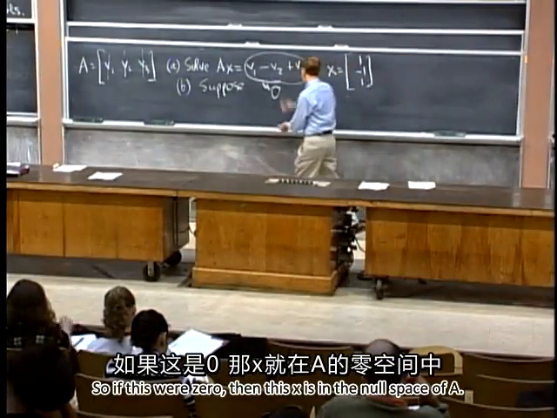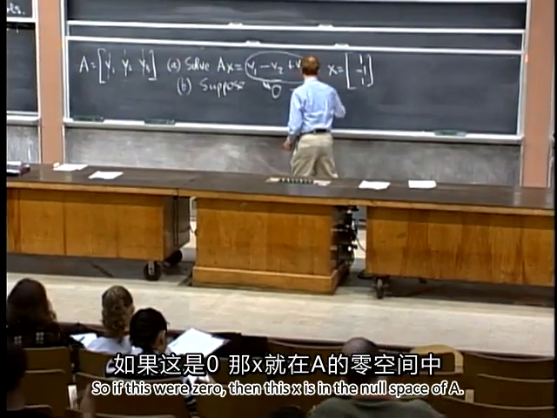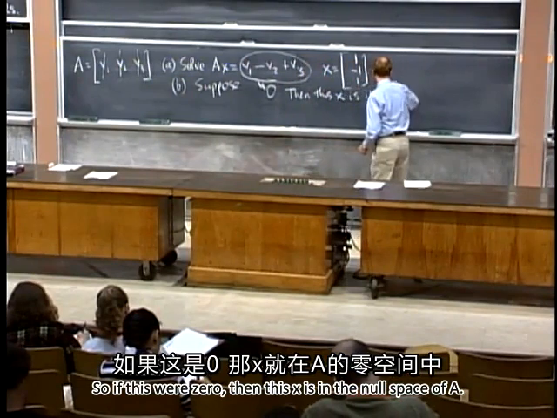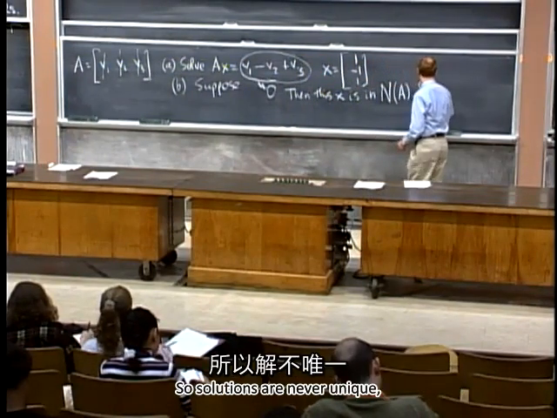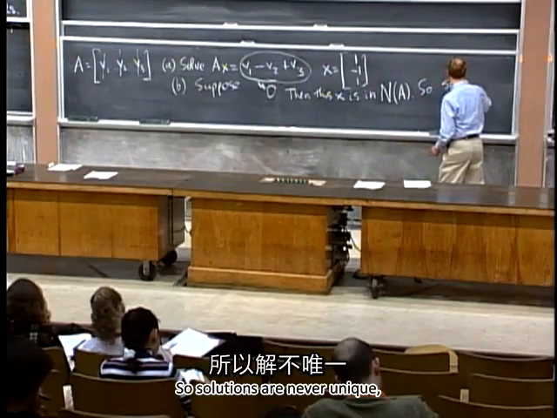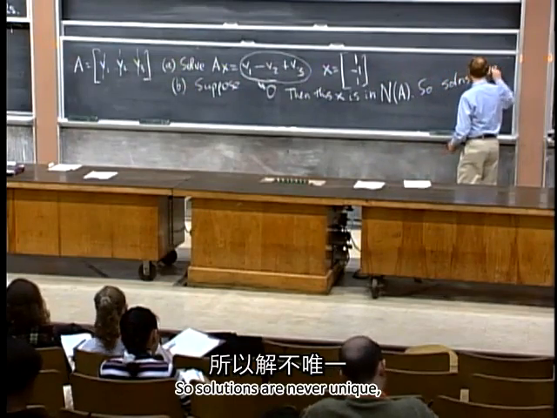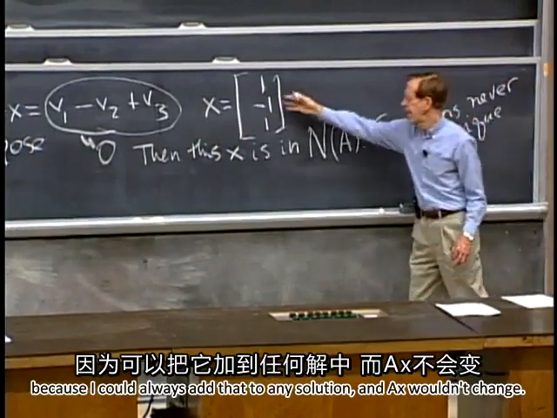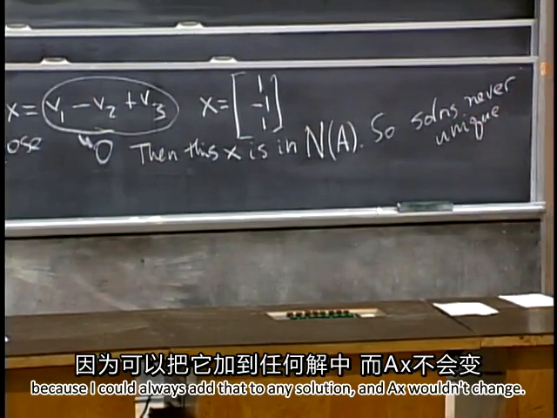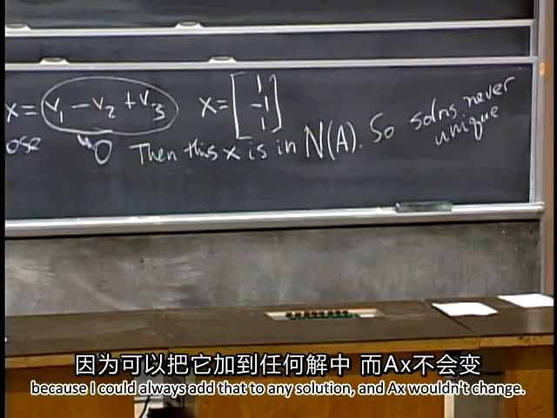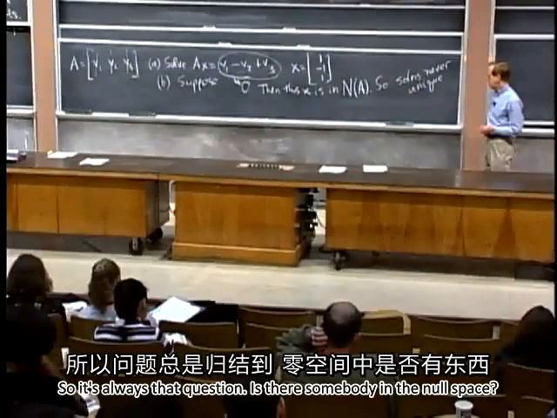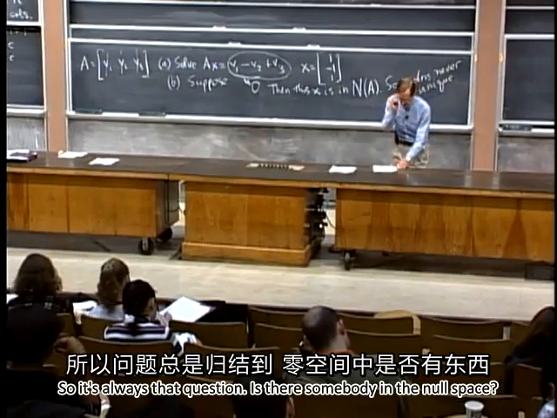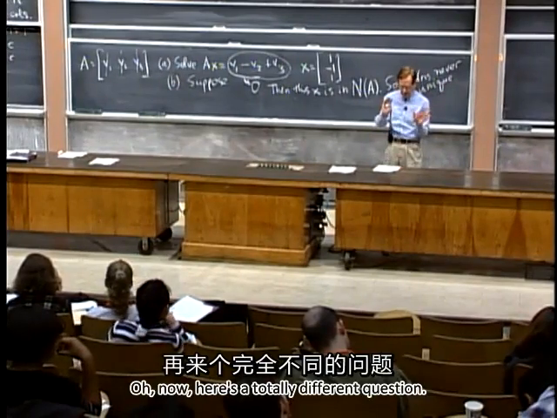So if this were 0, then this x is in the null space of A. So solutions are never unique, because I could always add that to any solution, and AX wouldn't change. So it's always that question: is there somebody in the null space? Okay. Now here's a totally different question.